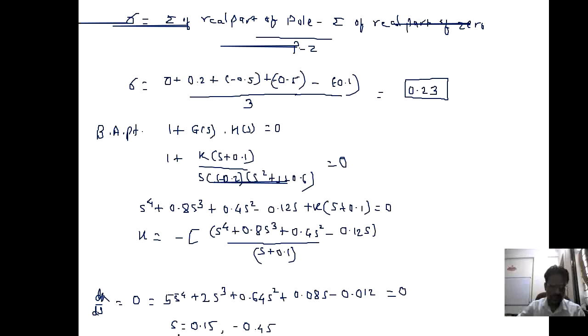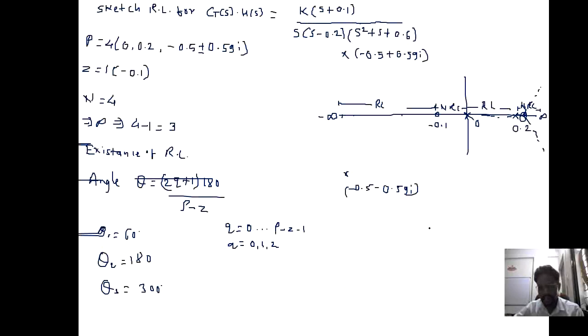Now check which of these two is valid. 0.15 lies in the region 0 to 0.2, so it is valid because it is in the root locus region.